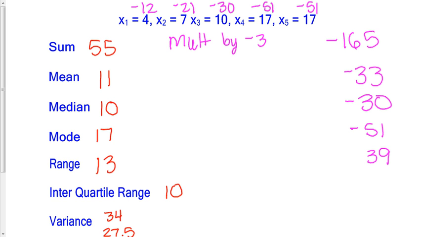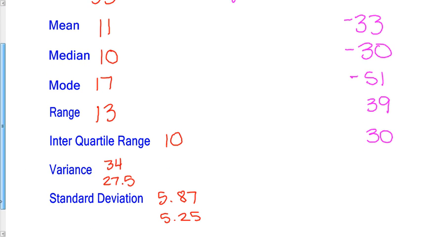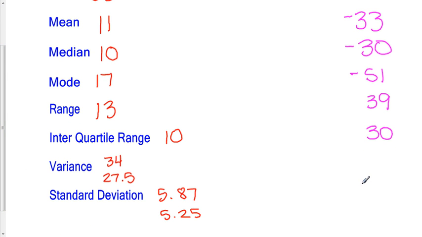The interquartile range will be 30. The standard deviation will be 15.76 or 17.62. And we should actually switch these two around so they match up with the one that they're across from.